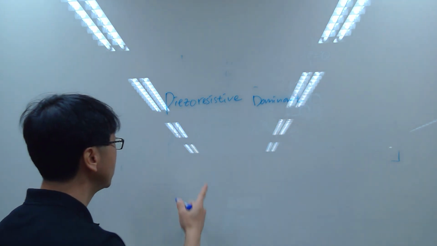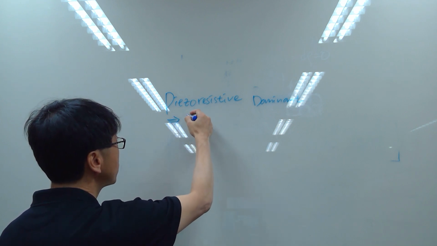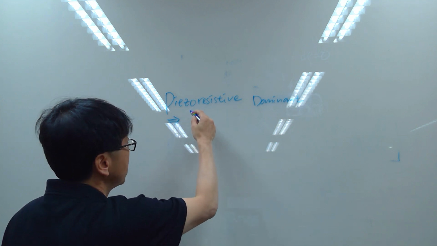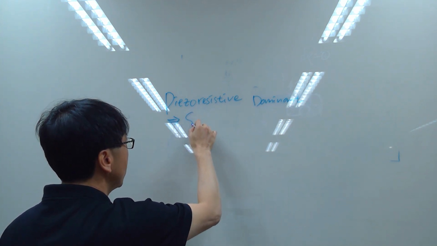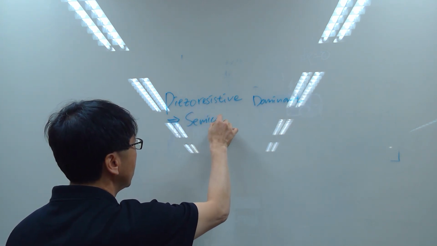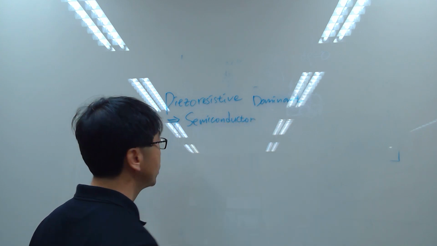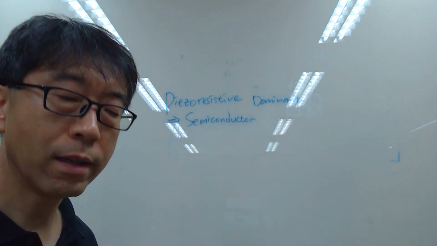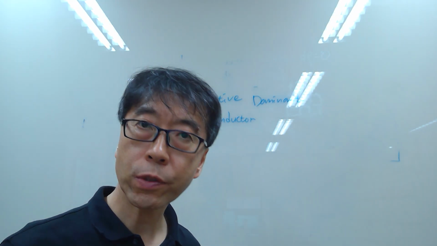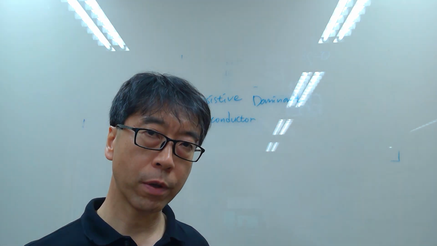And this effect occurs with the use of some new material like semiconductor. Silicon doped with arsenic, silicon doped with phosphorus, silicon doped with boron, for example.